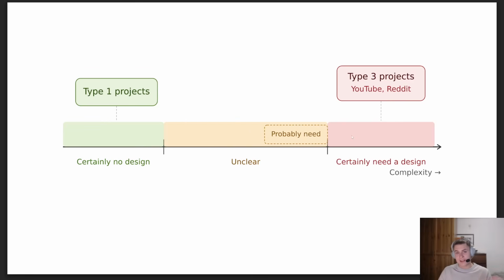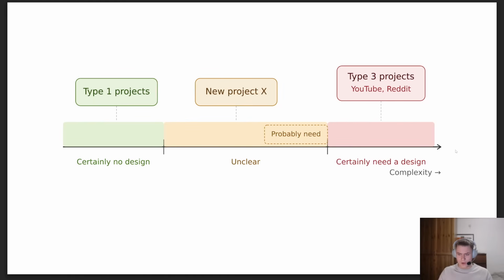They start assessing its complexity and thinking through the plan of how they're going to implement it. After some consideration, they decide that this new project X lands somewhere here in the unclear scale.